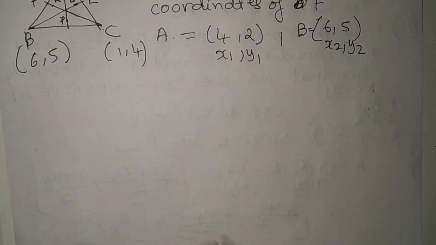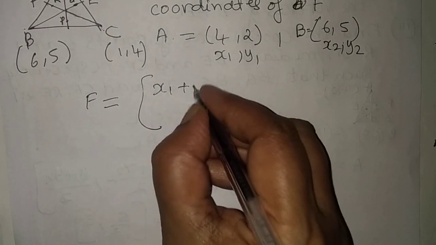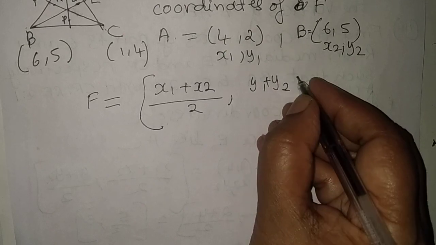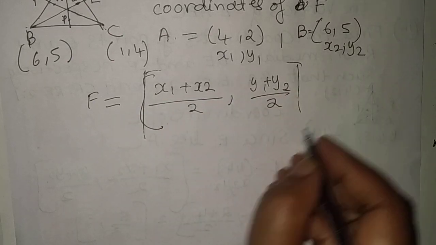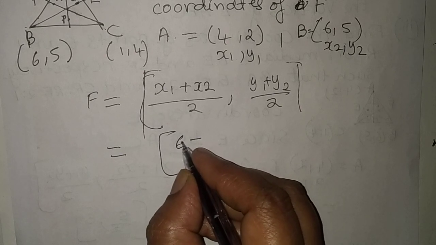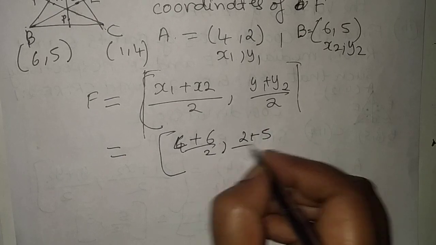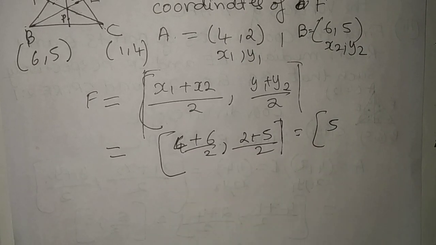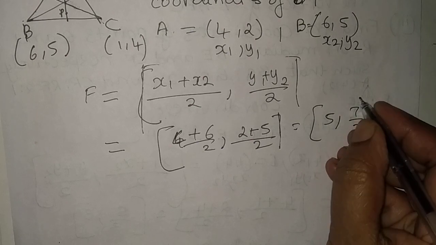Substitute in the formula, that is (x1 plus x2) divided by 2, (y1 plus y2) divided by 2. After this, substitute the values: 4 plus 6 by 2, 2 plus 5 by 2. Now we get 5, and 7 by 2.